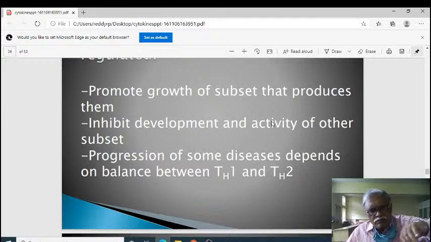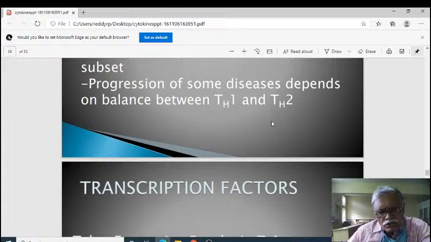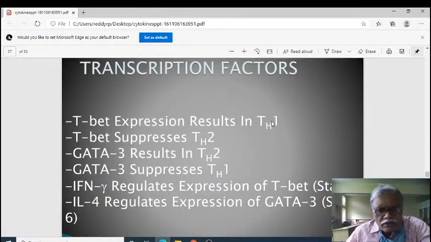Progression of some diseases depends on the balance between T helper 1 and T helper 2 cells. Among the transcription factors, T-bet expression results in T helper 1 cells and T-bet suppresses T helper 2.